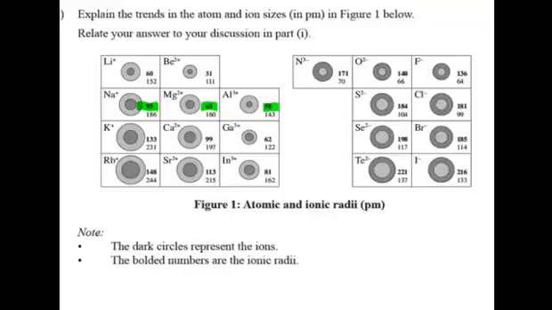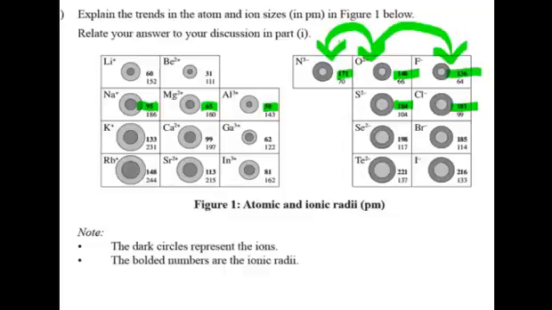Now when we look at the anions, and we can look at different rows, we've got more electron repulsion, and that means the radius is going to be bigger than the atomic radius, and we've got the same number of electrons in this period, so they're isoelectronic, and the only thing that's really changing as we go across here again is the number of protons.